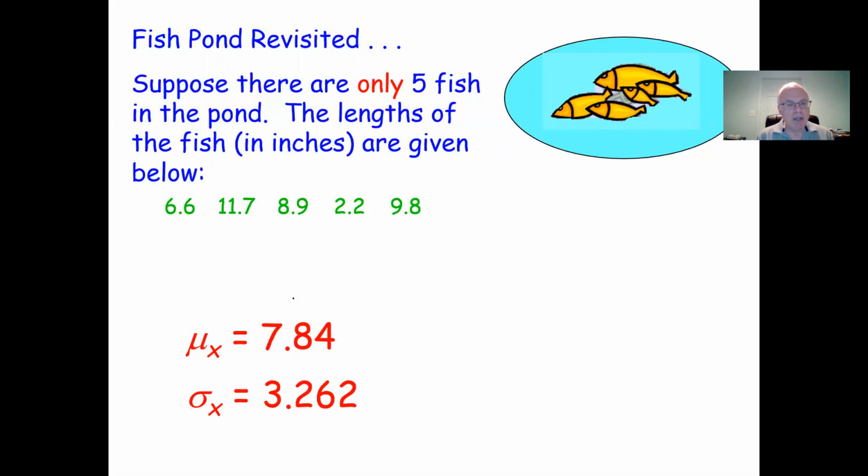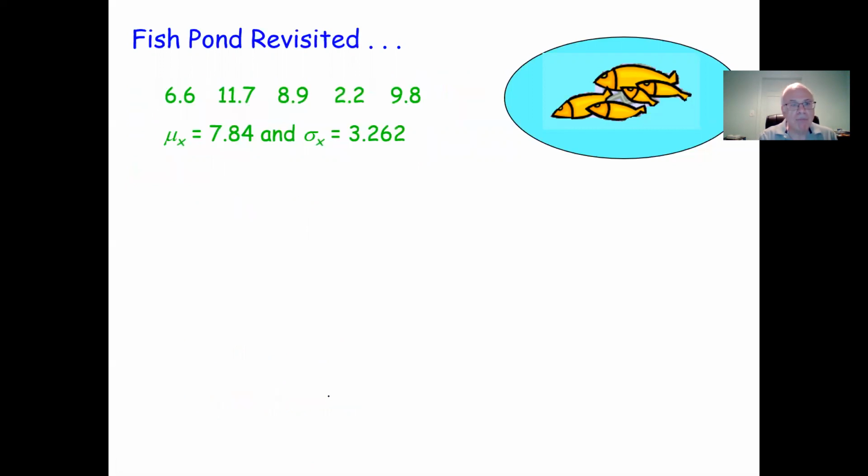If you have the 84 calculator, you'll just put in L1 for the list. Make sure the frequency list is not blank. So you would get the 7.84 inches, and the population standard deviation is 3.262. So you all should have those numbers in one variable statistics.